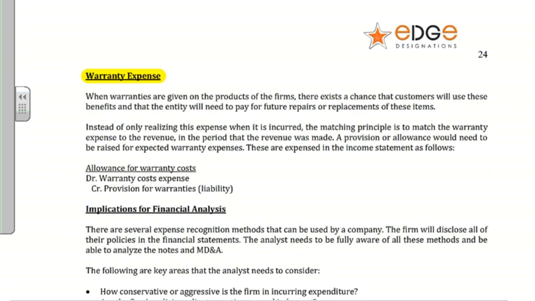We've also got a warranty expense. What's a warranty expense? A warranty expense is if you make goods or you sell goods and you offer a warranty for a year or 2 years, however long you decide to offer it for, in terms of those goods, that if they don't work or there's breakdowns, the customer can bring them back and you'll service them. You need to provide for the probability, or possibility, of customers bringing the goods back to you, and then you will have to incur costs to repair them.